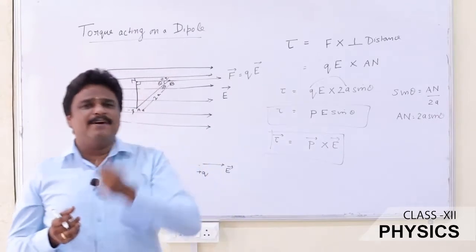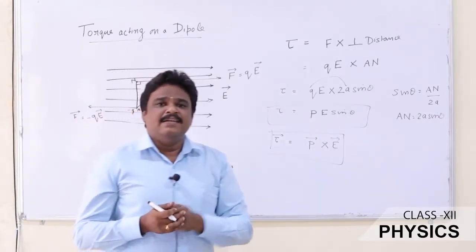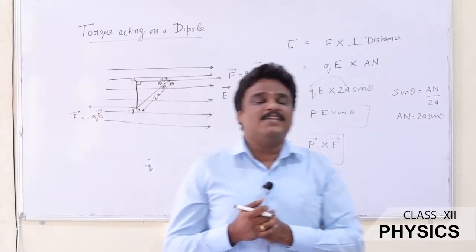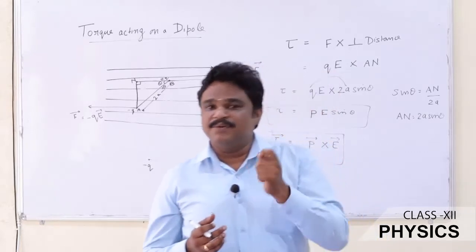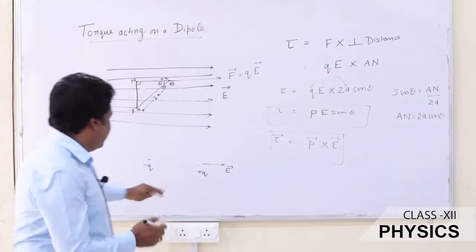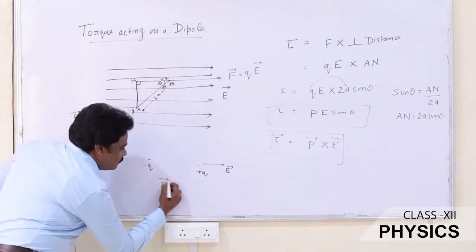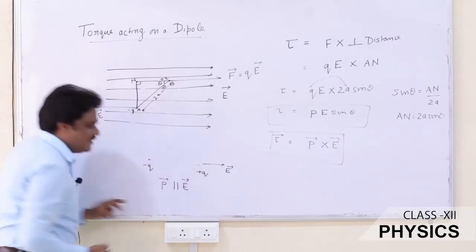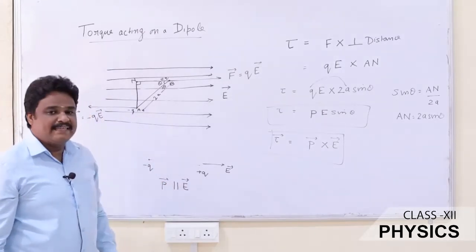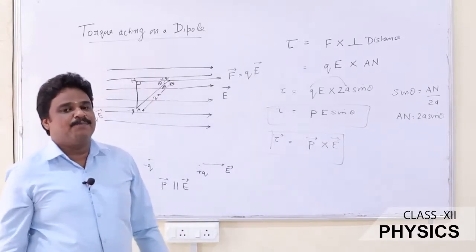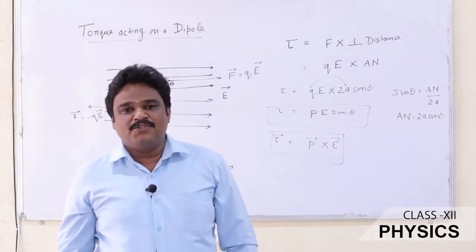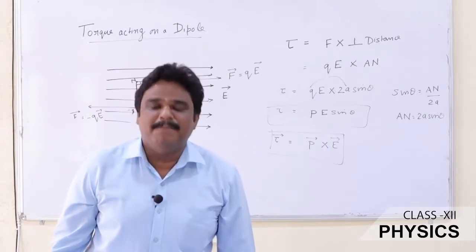In 1 mark board questions it is asked, what orientation of dipole corresponds to stable equilibrium? You are going to write that P vector is parallel to E vector. This means the dipole moment is parallel to the electric field. This orientation corresponds to stable equilibrium, and the torque here is minimum.